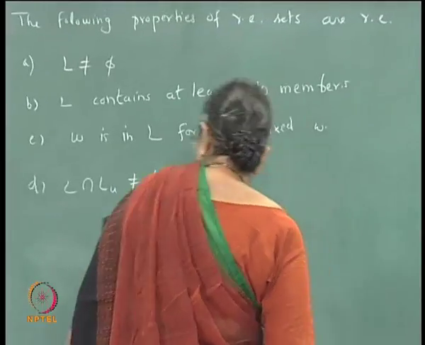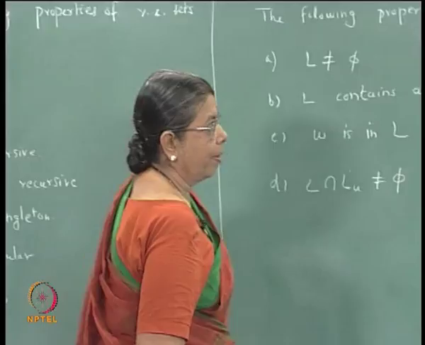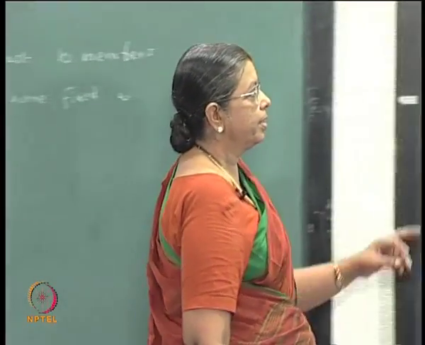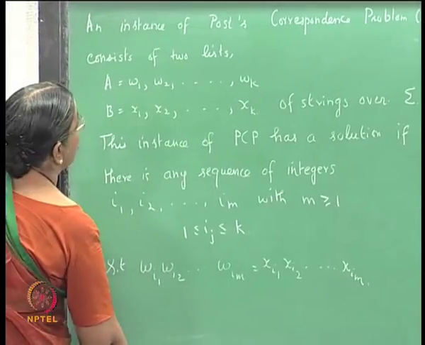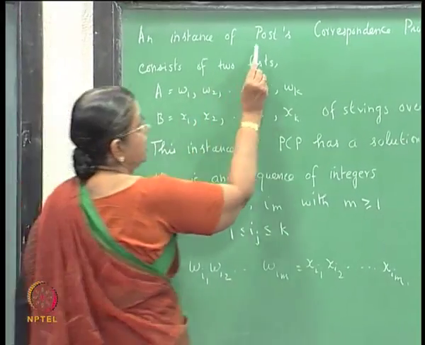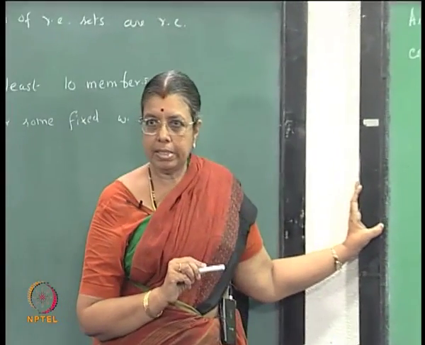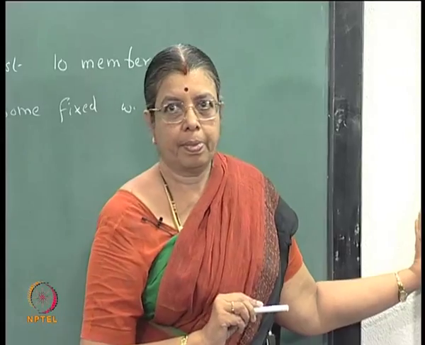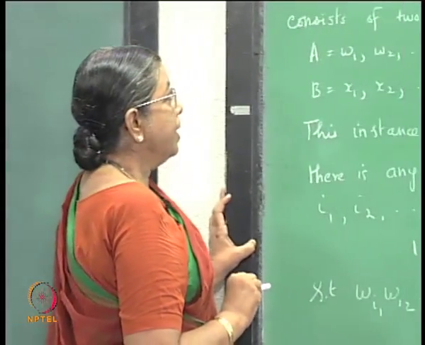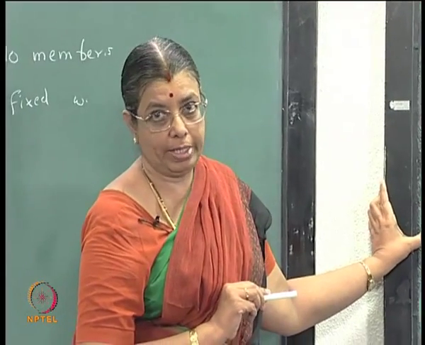Next we go on to the post correspondence problem, which is another undecidable problem. Generally it is called PCP. So, what is a post correspondence problem? This is again undecidable, we shall prove that it is undecidable. An instance of the post correspondence problem has 2 lists.